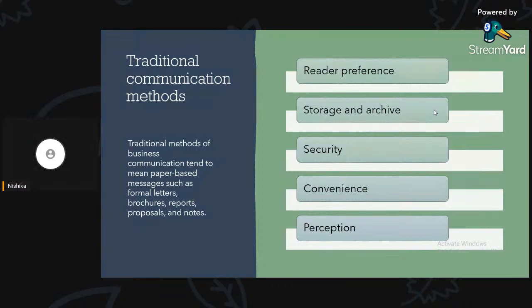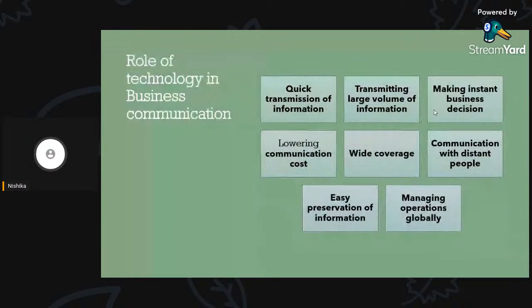So these are some of the pointers that describe the importance, or some of the features, of traditional communication methods. But there were several disadvantages, or we would say there was scope for upgradation in the traditional communication methods. Thereby the use of technology in business communication was made, and now we'll be seeing what role technology plays in business communication, or why we are considering making use of technology in business communication.